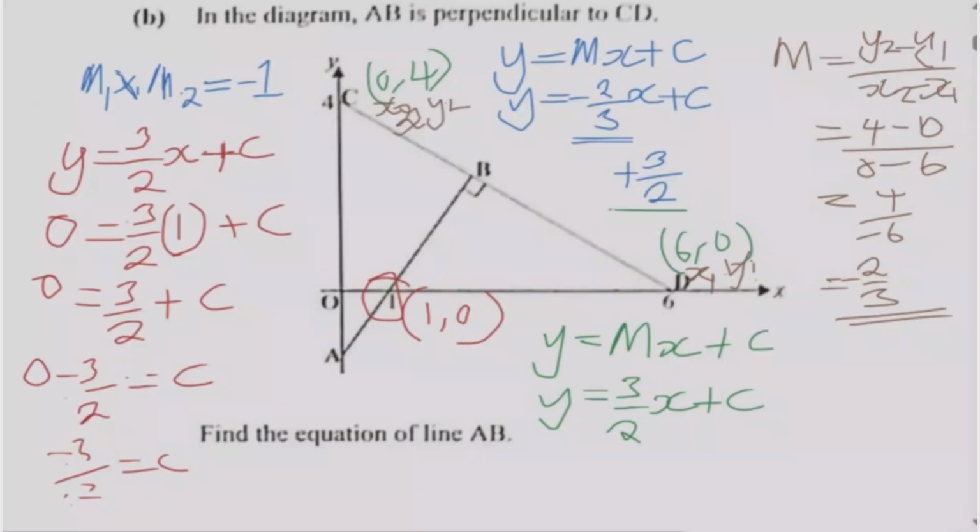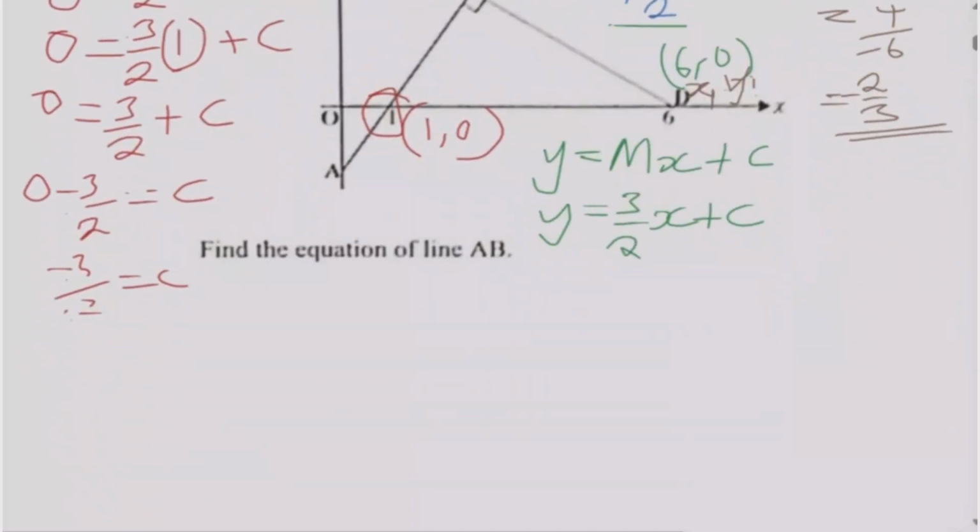So what I'm going to do is come here on the equation I'm making, which is y is equal to 3 over 2x plus, then the value of c I got is negative 3 over 2.